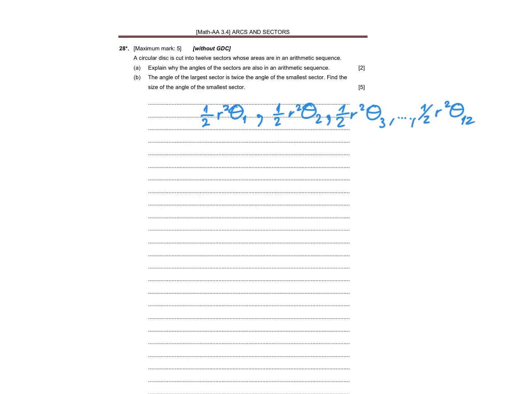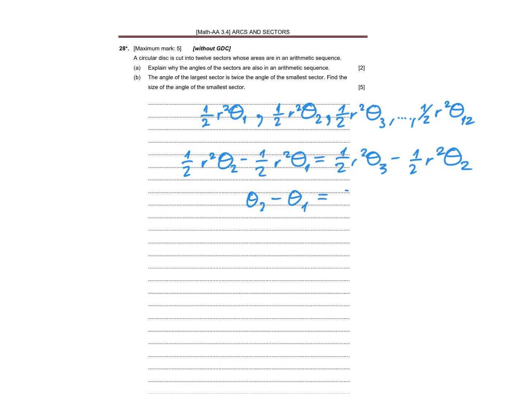So we know the difference between these are the same. So 1/2 r squared theta 2 minus 1/2 r squared theta 1 is going to be equal to 1/2 r squared theta 3 minus 1/2 r squared theta 2. All of these 1/2s and r squareds we can factor out. So theta 2 minus theta 1 is equal to theta 3 minus theta 2. So the differences are the same.